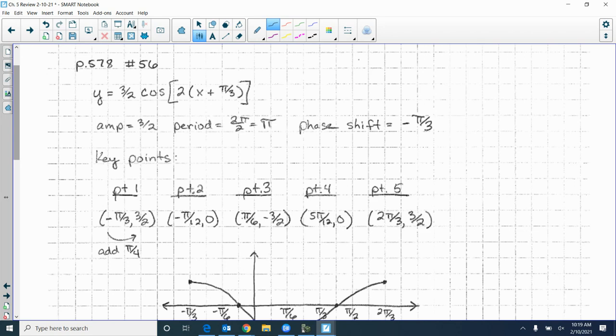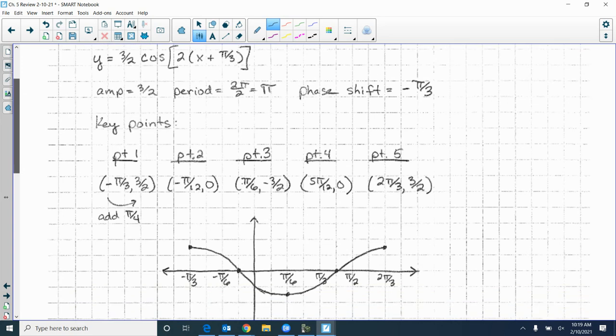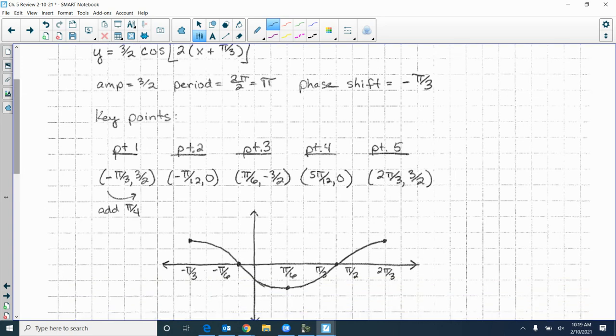All right, for 56, here's what I need to see. Amplitude, period, phase shift, these points. Negative pi over 3, 3/2. Negative pi over 12, 0. What's that next one? 2 pi over 12. If you just left it like that, that's absolutely fine. 5 pi over 12, 0. 8 pi over 12, 3/2. However you do.